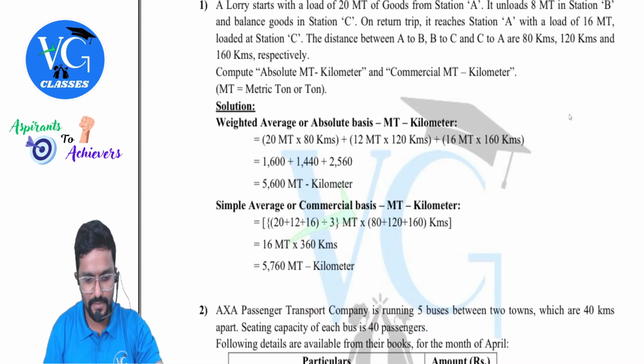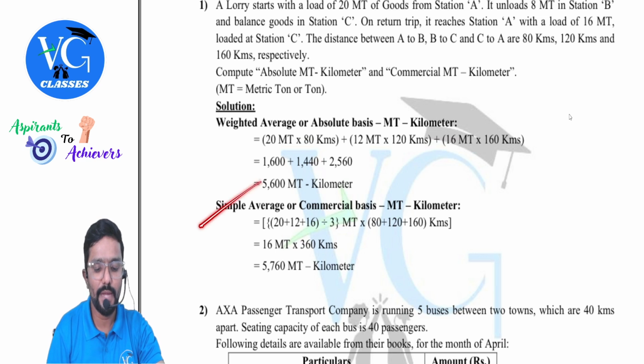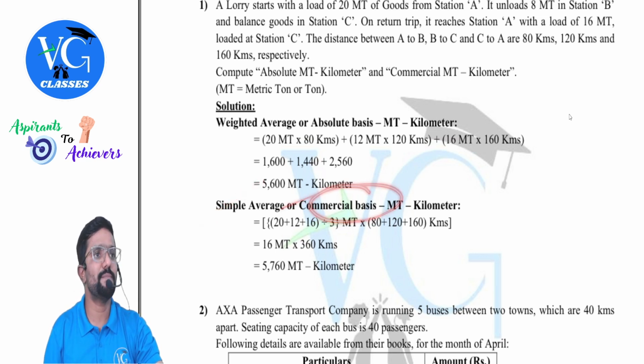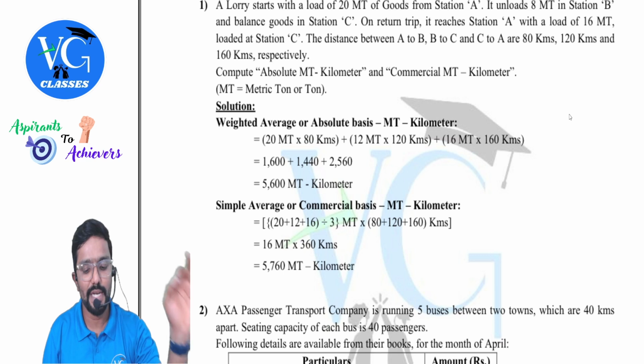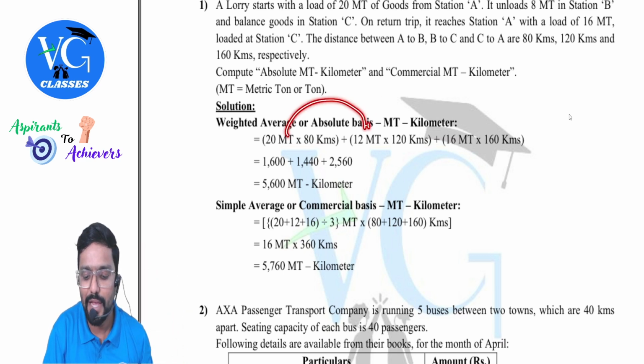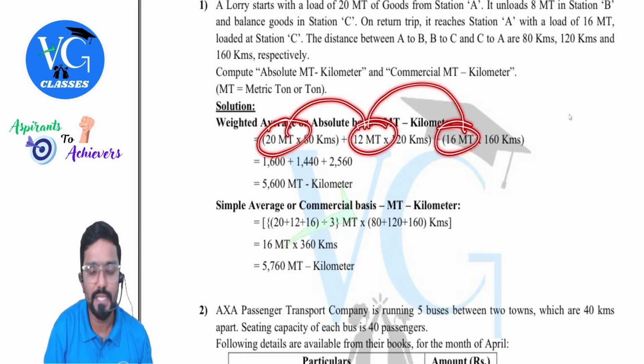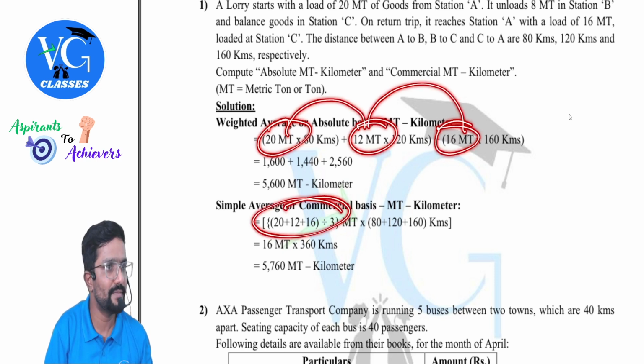Let me show this also with an example. Same question. Now we are doing the simple average or commercial basis metric ton kilometer. How is it? Guys, simple. First, find out the simple average of all the weights: 20 plus 12 plus 16, whole divided by 3. So you will get the simple average of weight carried.